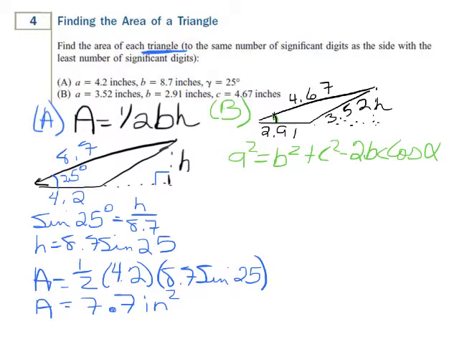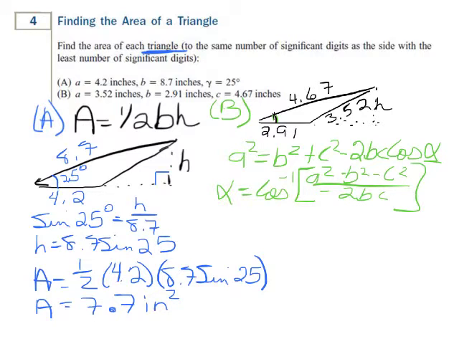I'm really trying to find alpha, so alpha is going to be equal to the cosine inverse of A squared minus B squared minus C squared all over negative 2BC.